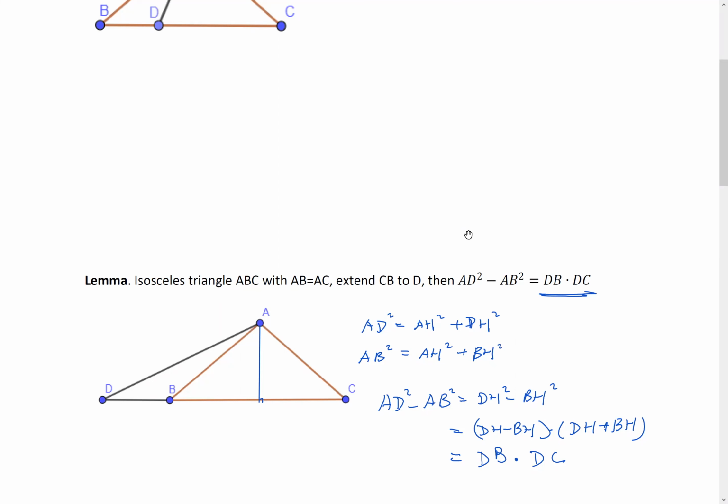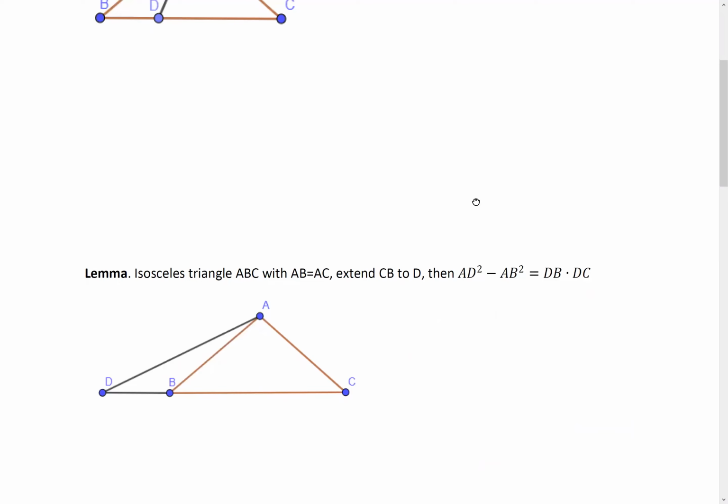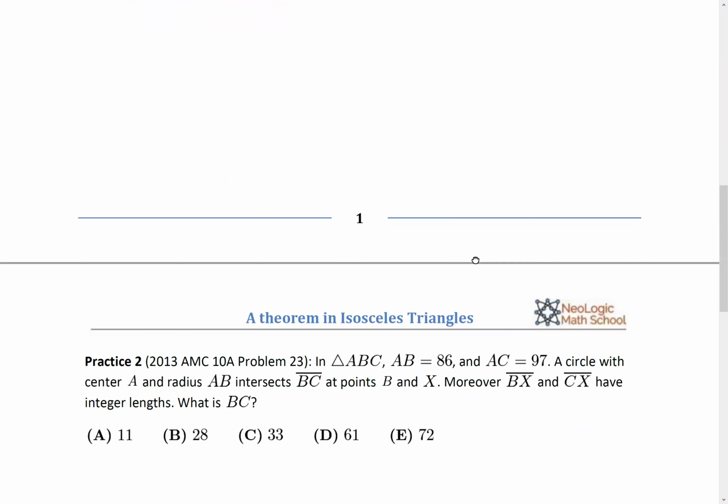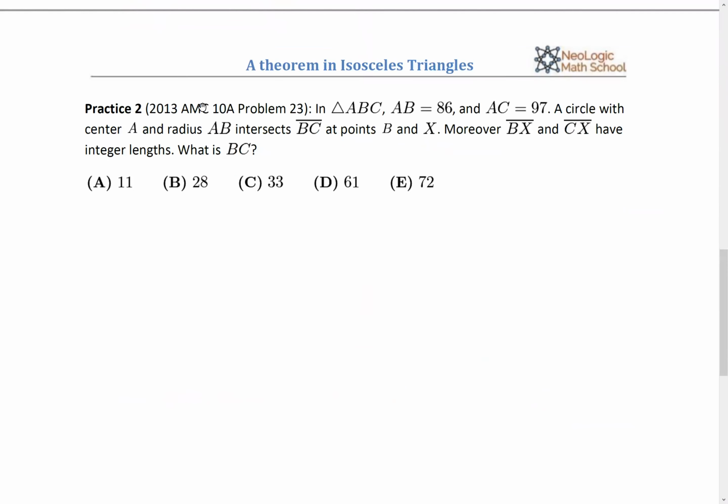So what do we do with this? Let's see something in action, a problem in AMC 10 a couple of years ago. Problem 23, let's read the question, okay? Triangle ABC, AB equals 86.